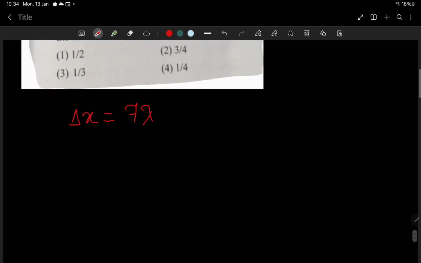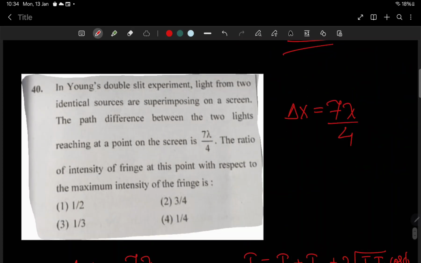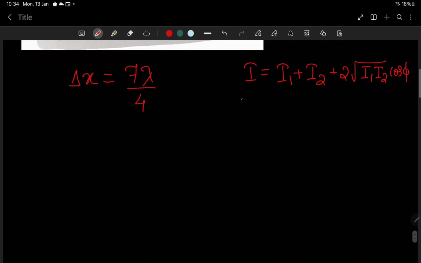First of all, they have only given us the path difference, that is 7 lambda by 4. You know that intensity is equal to I1 plus I2 plus 2 root I1 I2 cos phi, where phi is the phase difference. Here the intensity is from identical sources, therefore I1 and I2 are equal. So we can write it as 2 I naught plus 2 I naught cos phi.